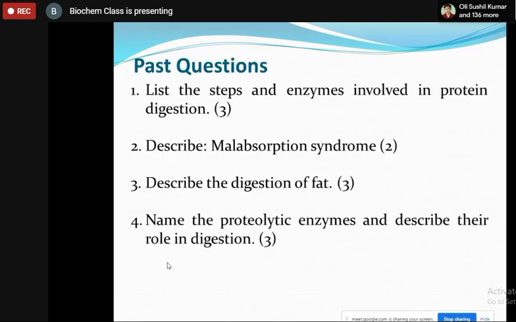In the malabsorption syndrome, you write about all the diseases found when carbohydrate is not digested properly, protein is not digested, and lipid is not digested. Malabsorption shows that different nutrients are not getting absorbed.